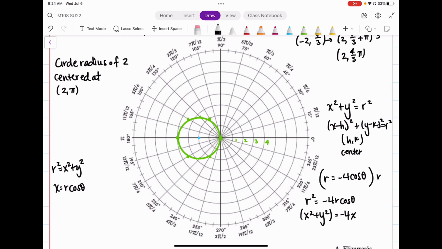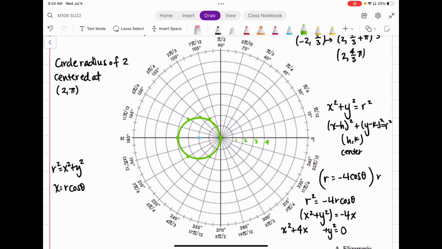I can then work to complete the square, adding 4x to both sides of the equation. If I wanted to write this in some factored form, I would need to find out what the missing constant term is that I would need to add to both sides. So what I would do is consider, okay, if I had x squared plus 4x, what completes that square?